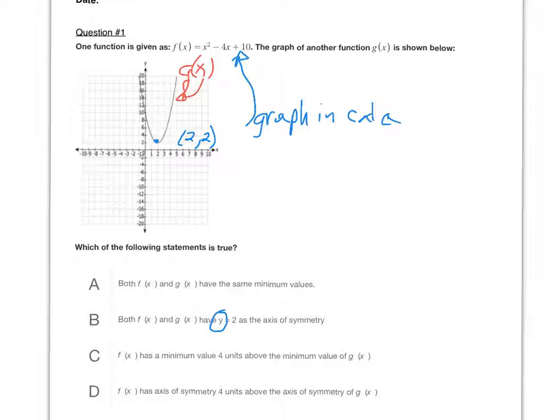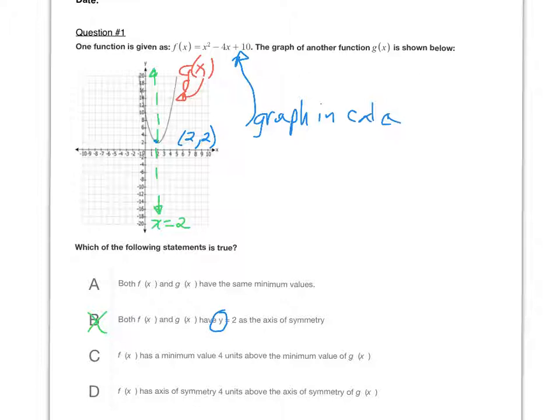Well, that's not possible in this particular graph because the axis of symmetry is a vertical line when parabolas open up or down, going through the x-axis. So since it's a vertical line going through the x-axis, its equation is x equals, and it's going through 2 on the x-axis, so the equation is x equals 2. Both of these graphs, the one that's graphed and the one that's not, open up. And so because it says y equals, it is not possible for B to be the answer.